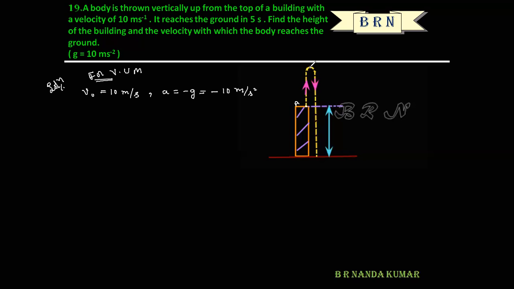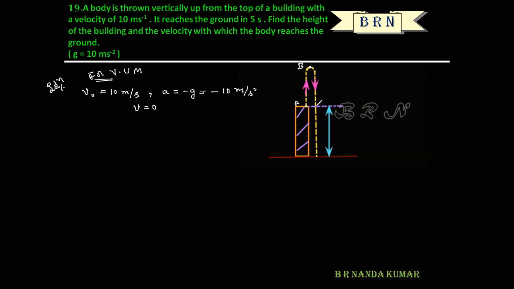So the maximum height reached by the ball, let us consider this location as B. Okay. So the velocity at the point B is equal to 0. Acceleration is minus g because it is moving vertically upward under gravity, right? So at the point B, its velocity becomes 0. Okay. So after that, it is moving vertically downward, again under gravity.